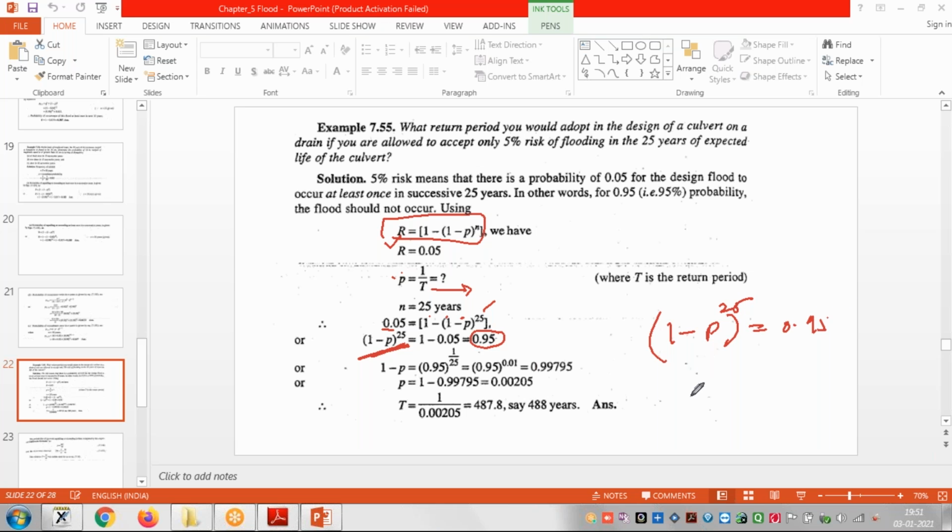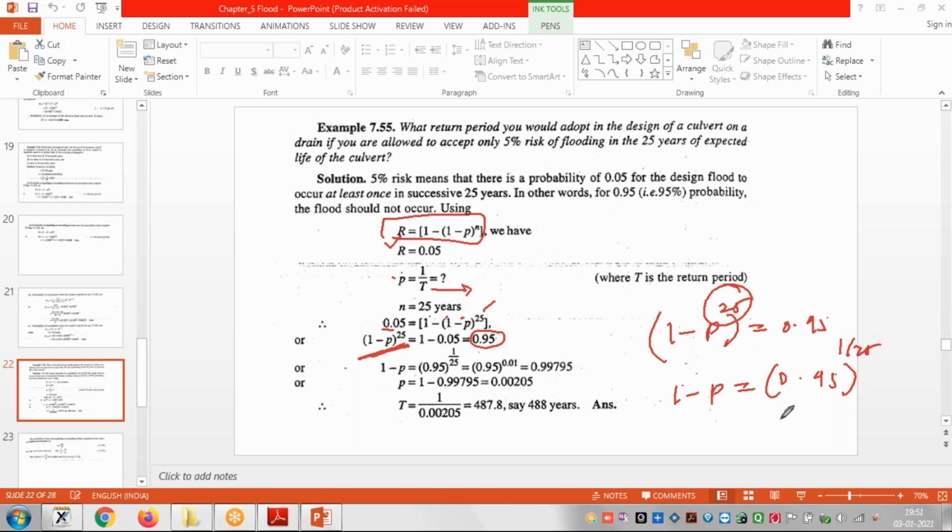I want the value of P. So when I do this, 1 minus P will become 0.95 raised to the power 1 divided by 25, right? It will be the reverse of this.